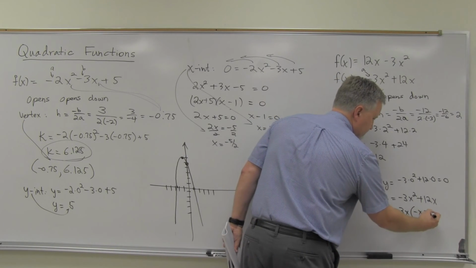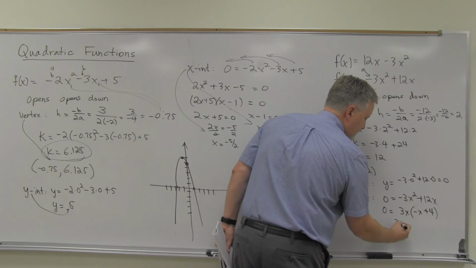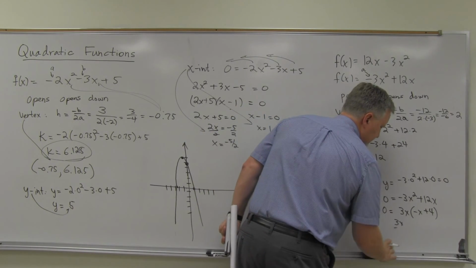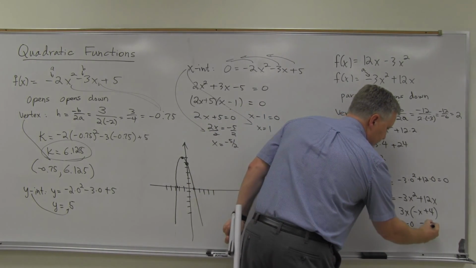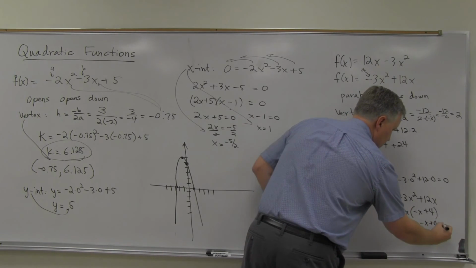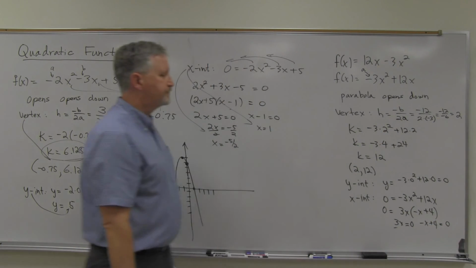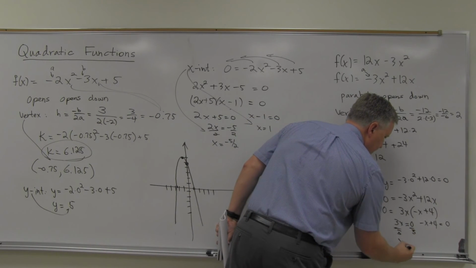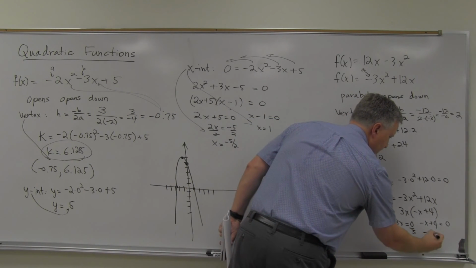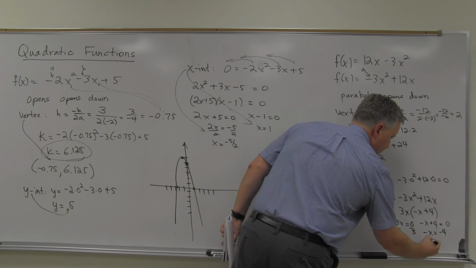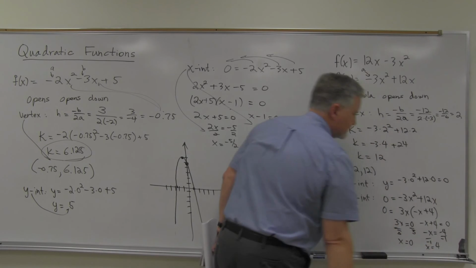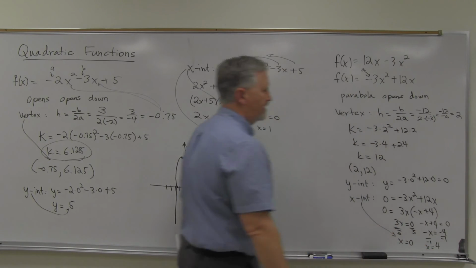So it'll be negative 3x times x minus 4. So we got 0 and x equals positive 4. So the x-intercepts are 0 and positive 4.